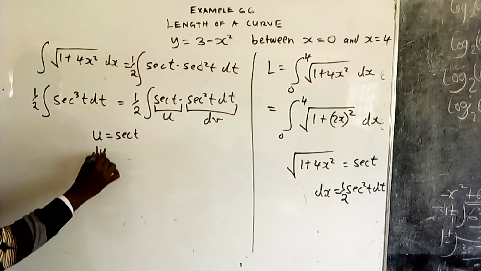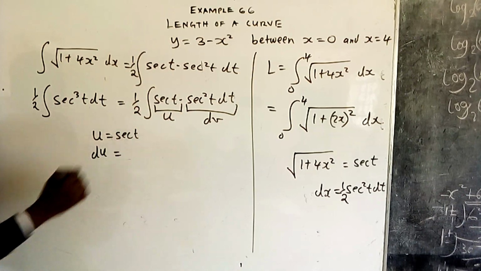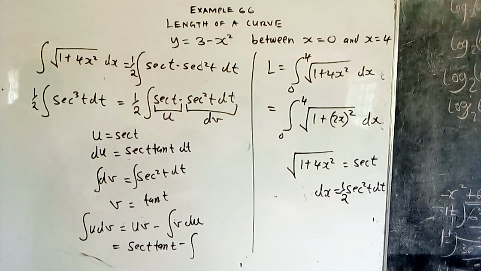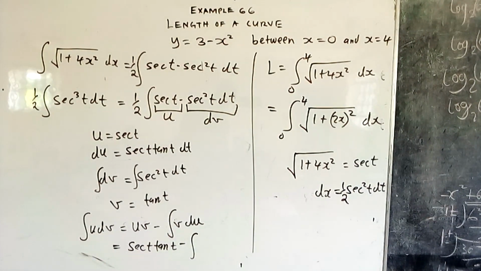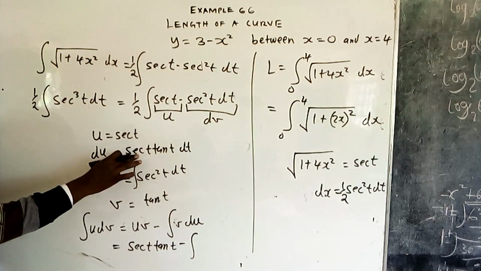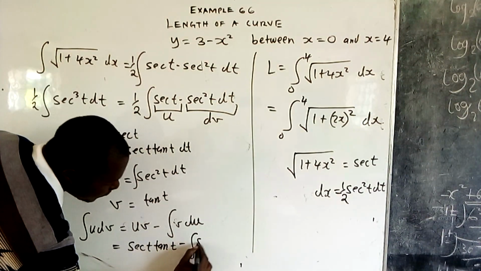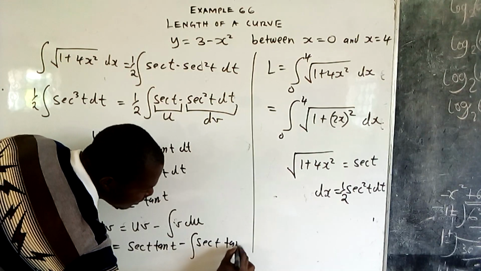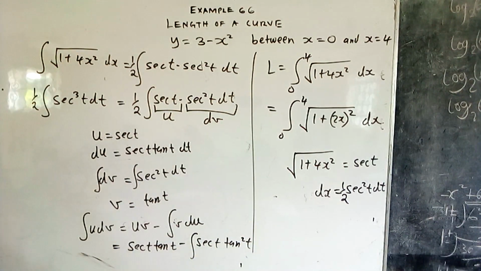So if you differentiate u with respect to t, if you differentiate sec t, what was sec t? So it is minus v du. v, tan t, times du, you get sec t tan squared t.